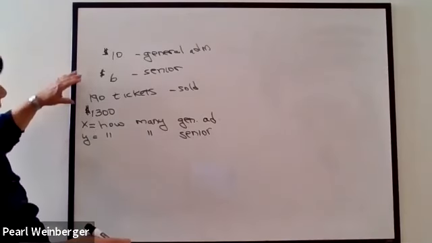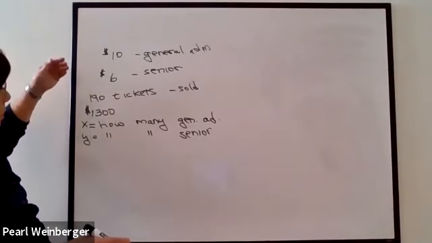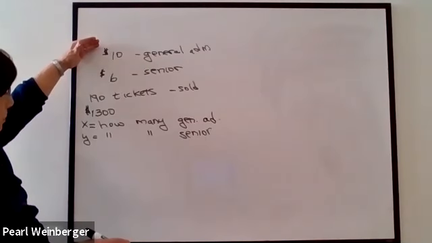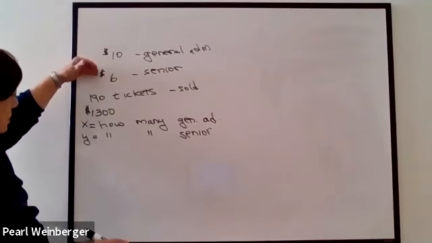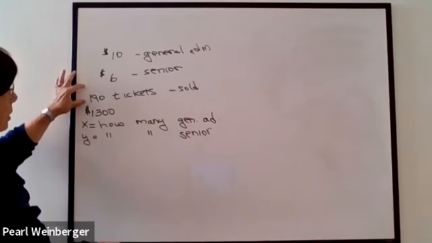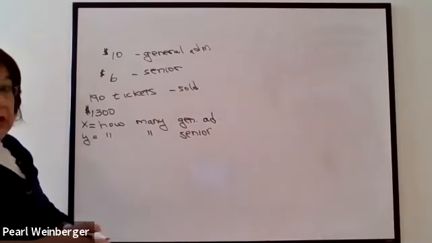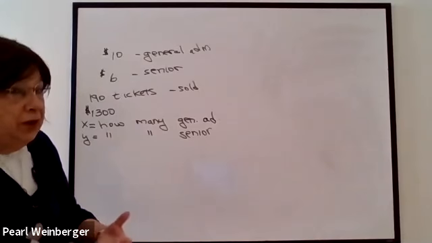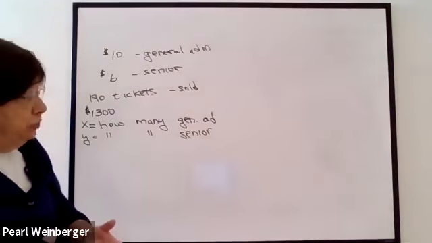And now we have our scenario. We know that the $10 was the cost of the general admission and $6 was the cost of the seniors. And a total of 190 tickets were sold. Now notice the 190 tickets has nothing to do with the price of the tickets, just how many were sold.